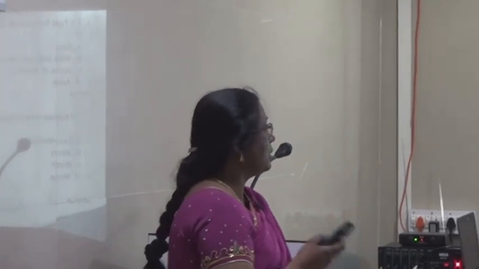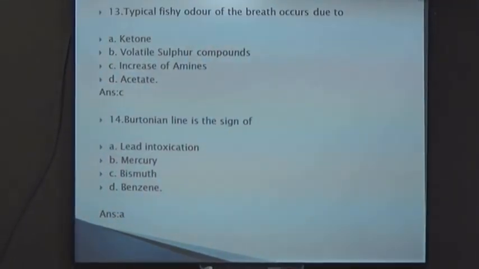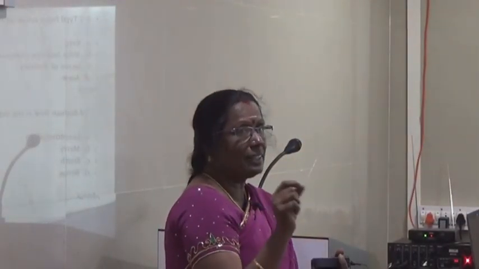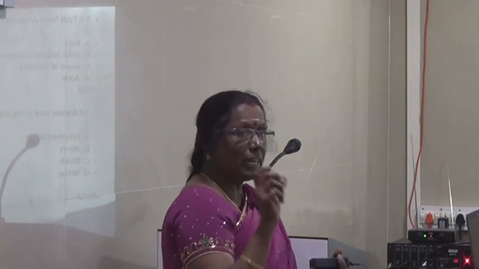Okay, kidney failure patients, uremic patients, you will have an amine thing, so there will be a fishy odor. Burtonian line is a sign of lead intoxication. This line is usually greyish black in color in the marginal gingiva. Okay, greyish black in the marginal gingiva. That is mainly because of the lead intoxication. We call it a Burtonian line.